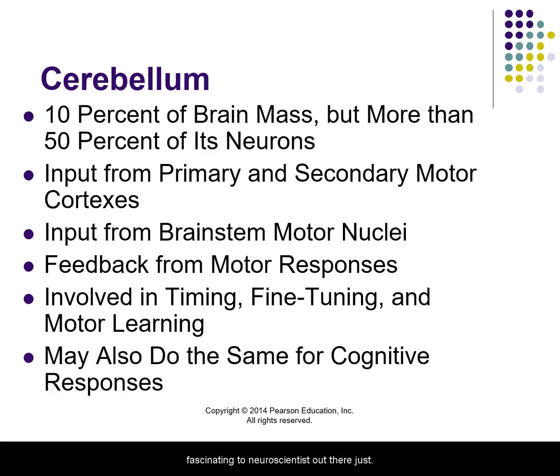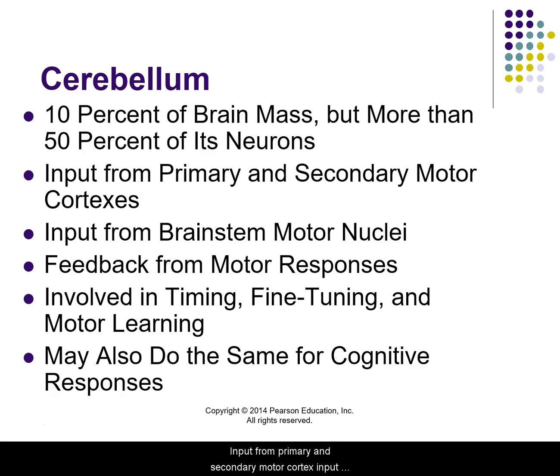So this is fascinating to neuroscientists. They're just at the tip of really understanding. They're thinking that the cerebellum will probably end up telling us that it serves a lot more functions than what we realize at this time. But we just have to keep exploring. Okay?